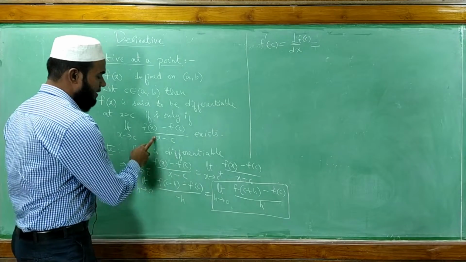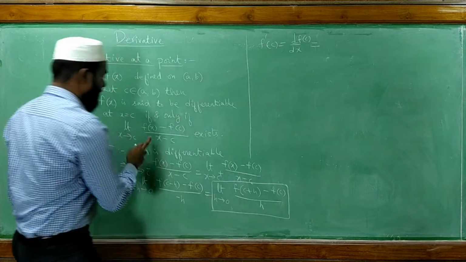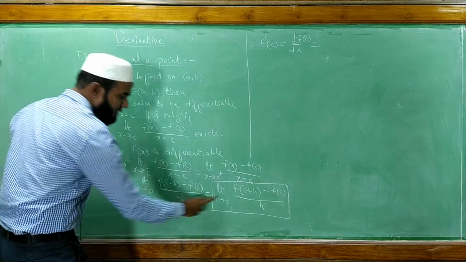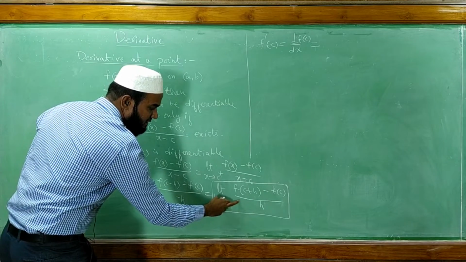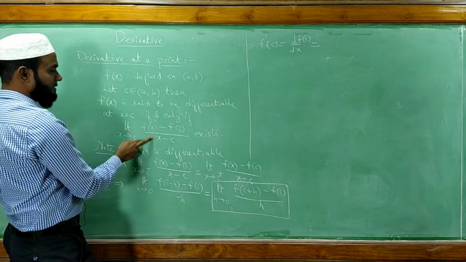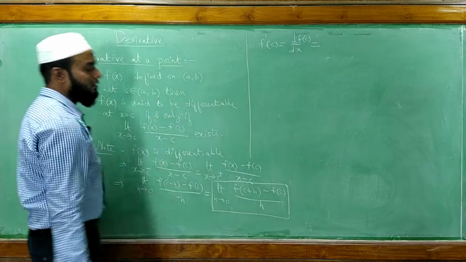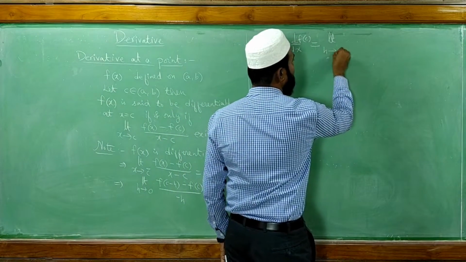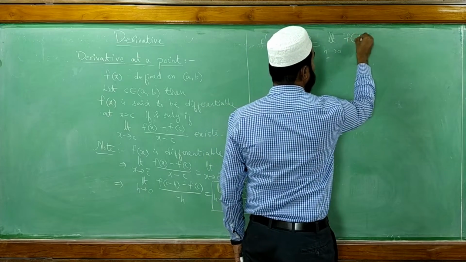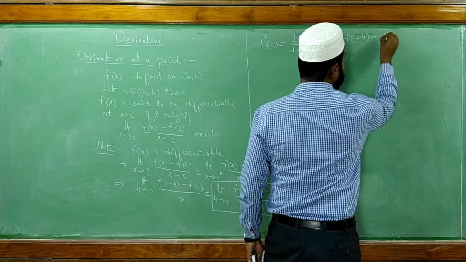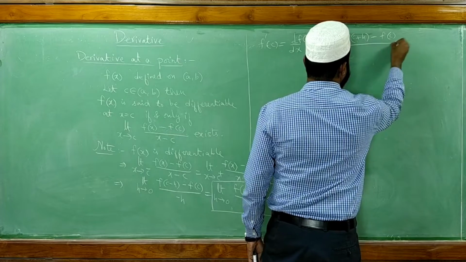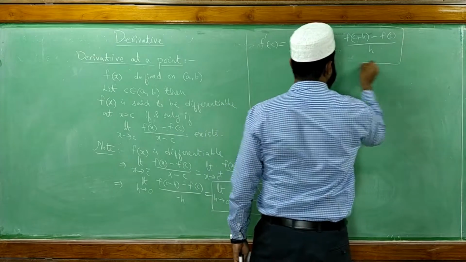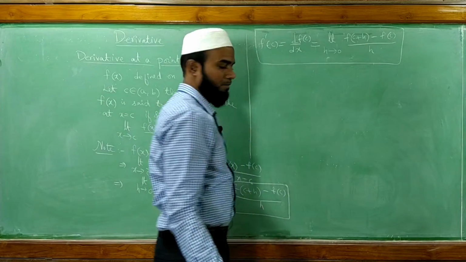This limit exists means left hand limit and right hand limit are equal, and this existing means the function is differentiable. So I can write here limit h goes to 0 of f of c plus h minus f of c by h, right? So this will be the definition for derivative.